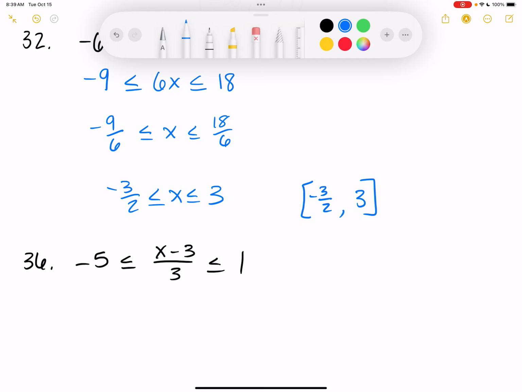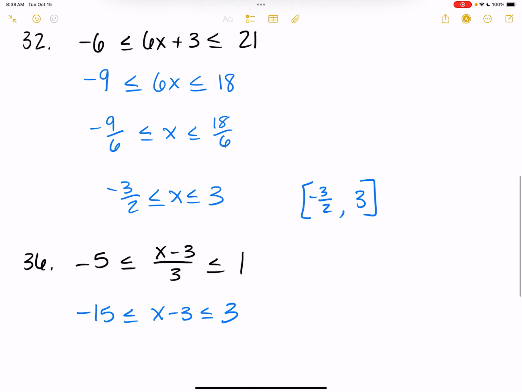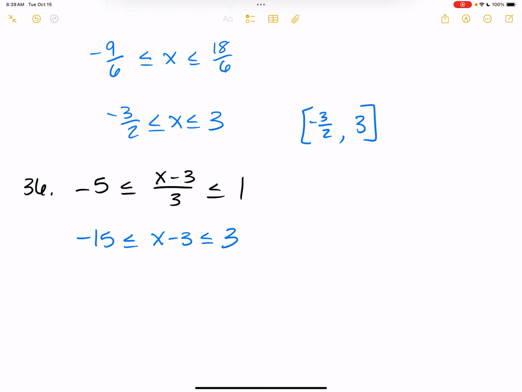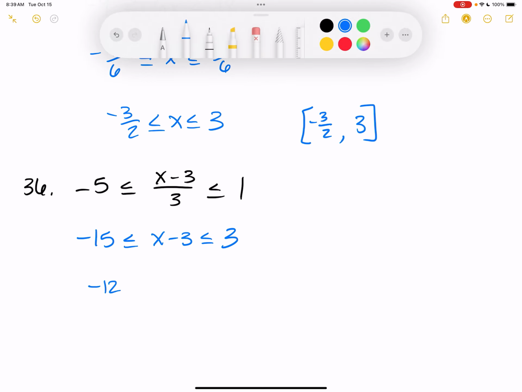So I have 3 times negative 5, negative 15, less than or equal to x minus 3, less than or equal to 3 times 1, which is 3. In the middle, I still have a minus 3, so I need to add 3 everywhere. So when I add 3, I have negative 12 less than or equal to x less than or equal to 6.